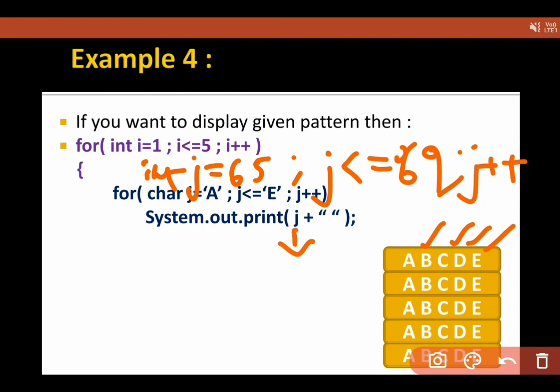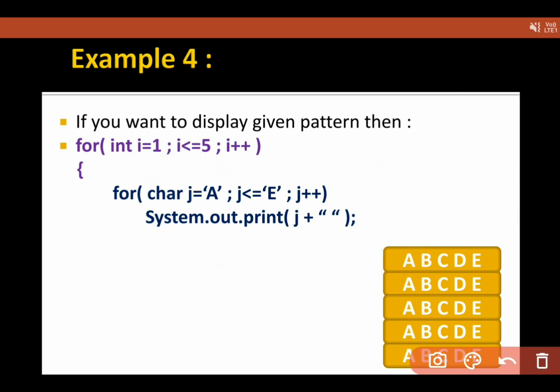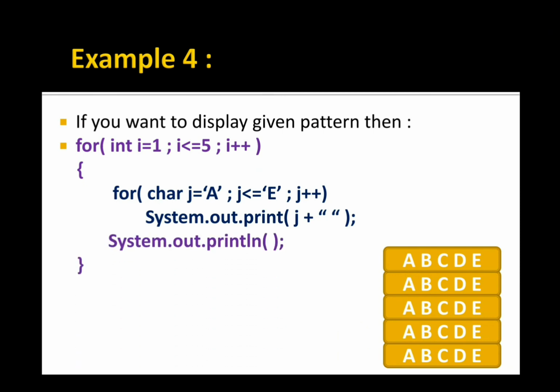And here I have to display (char) j, because j is an integer and I want to display a character. That's why I have to convert it into a character. In this way we can write, or in this way we can write. Both are correct. Now see, I have to change my line also. That's why I'm using System.out.println. Now it is okay for you all? And I'm moving further with the next example.